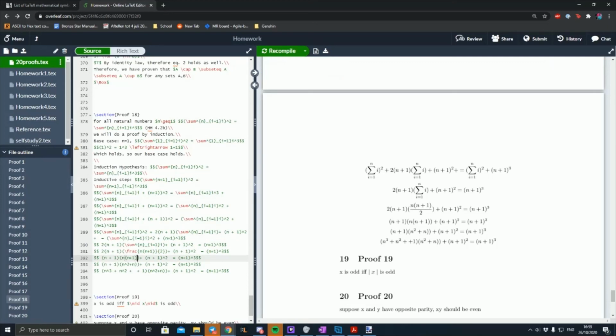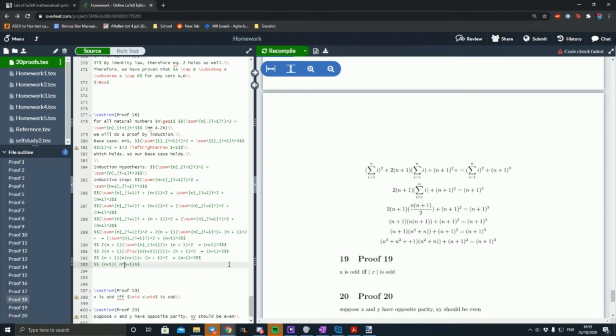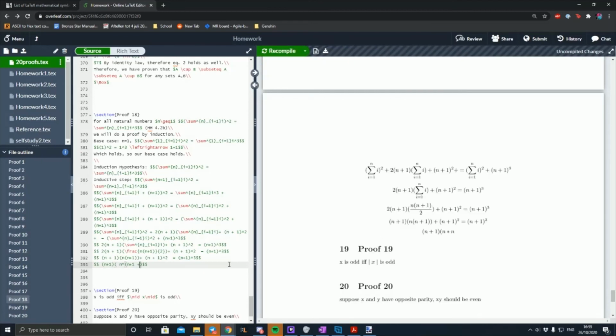So you get n plus 1 squared times n plus 1 plus n plus 1 squared, so it's n plus 1 to the third. Okay, you make a good point. So if I say n plus 1 times n times n plus 1 plus n plus 1. It's a bit more complicated now, but I only have to work with quadratic now instead of cubic, which is a lot nicer.